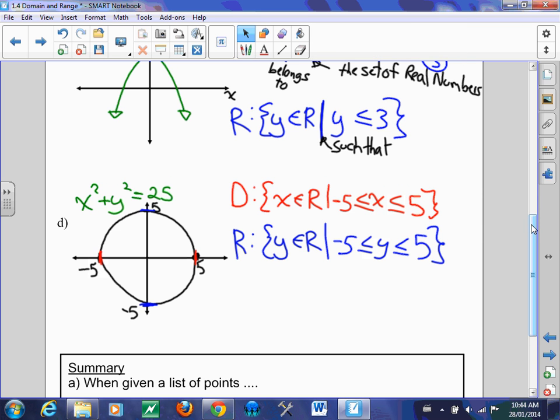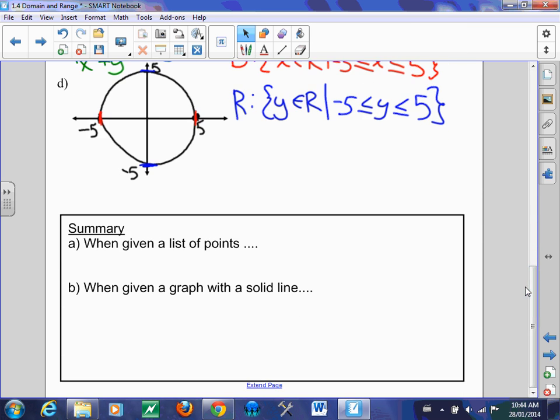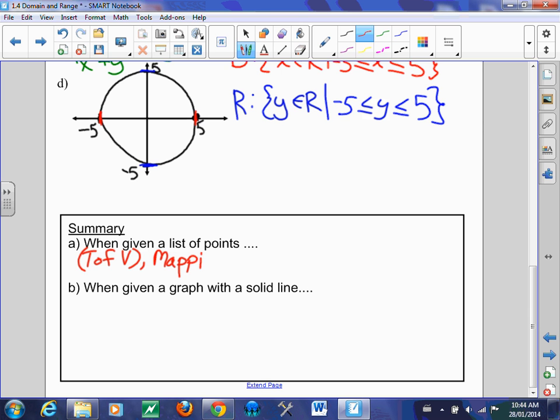Here's our summary, ladies and gentlemen. When you're given a list of points, a table of values, or a mapping, all you're going to do is list all possible values or outcomes in numerical order.